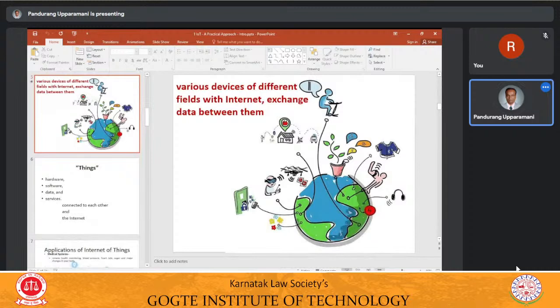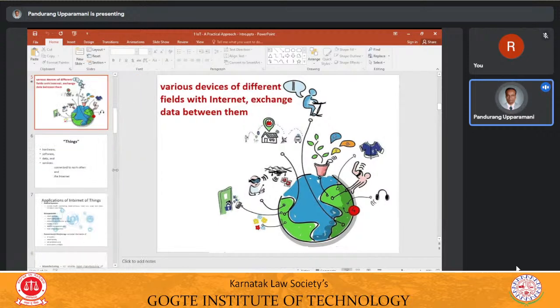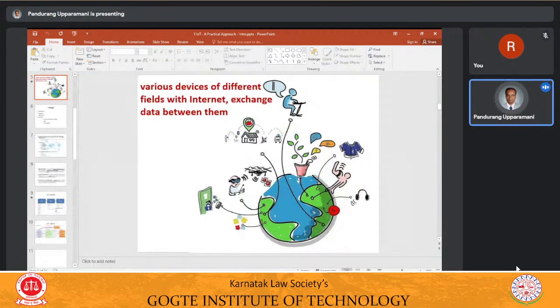The various devices of different fields with the internet, you can see over here the globe, then the audio systems, then fashion designing, then agriculture, then the drones, then smart wearable devices, then home automation, then various kinds of mobile handheld devices. Okay, then gardening, various kinds of things come into the picture of IoT.